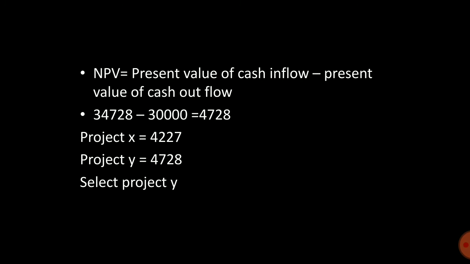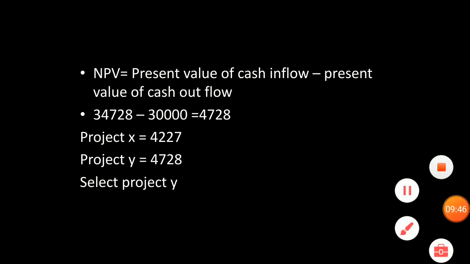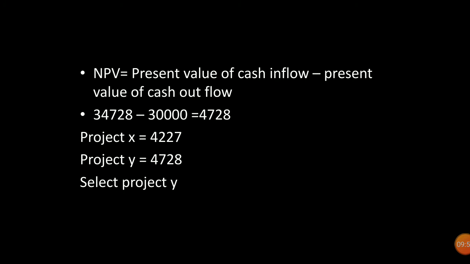Then the next step is calculation of NPV. Present value of cash inflow minus present value of cash outflow is NPV. Here present value of cash inflow we already calculated, and that is 34,728. Then present value of cash outflow is 30,000, that is the initial investment or cost of the project, which was already given in our question.